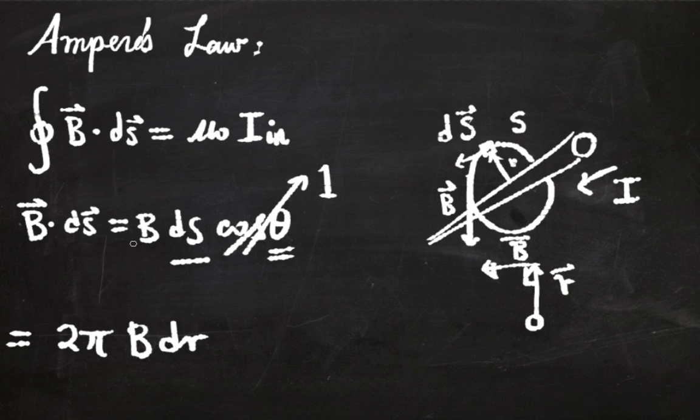Notice that B is a constant with respect to s because since we've chosen this as a circle, the radius r away is the same at every point. That means that the magnitude of the B field is going to be equal at all points along this loop. And since B is a constant with respect to S, we can pull B outside whenever we integrate.